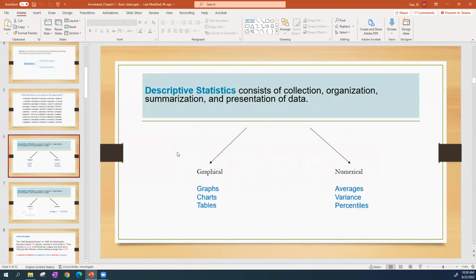So that's why we need descriptive statistics. Descriptive statistics consists of collection, organization, summarization, and presentation of data.